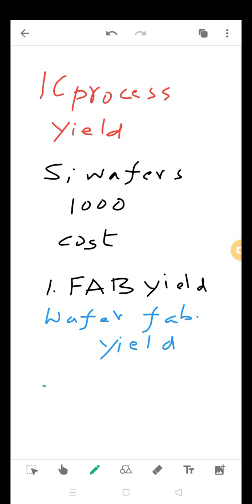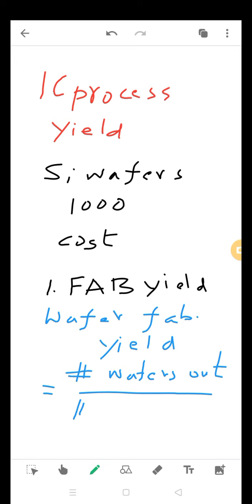And this yield is the ratio of the number of wafers out divided by the total number of wafers with which the fabrication started, the number of starting wafers.